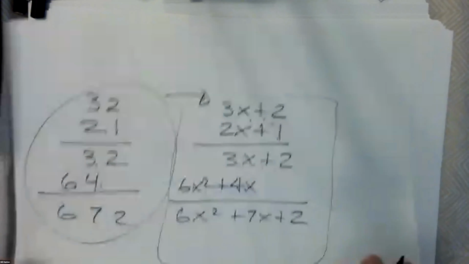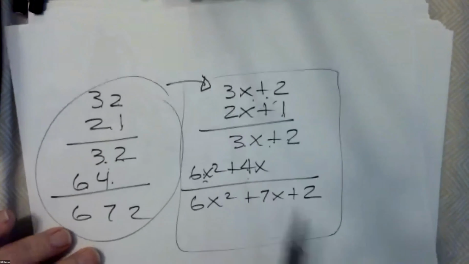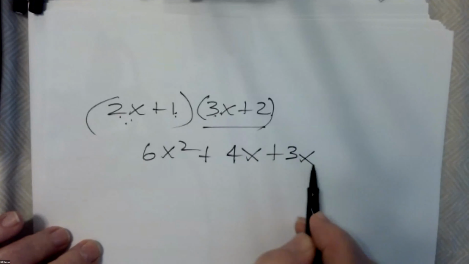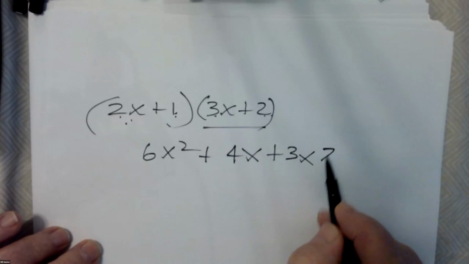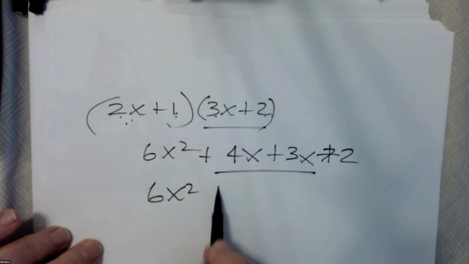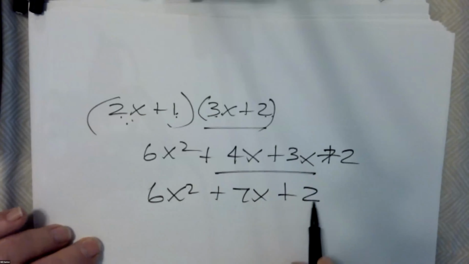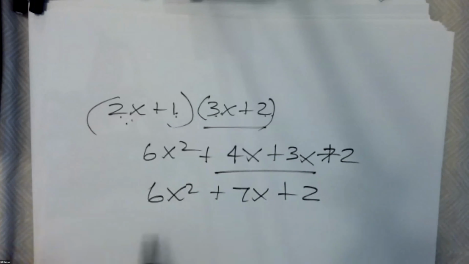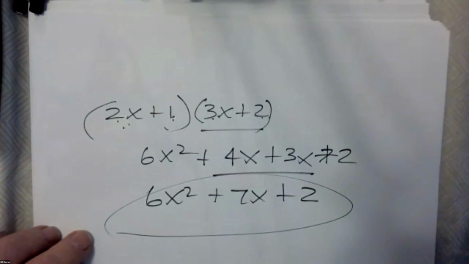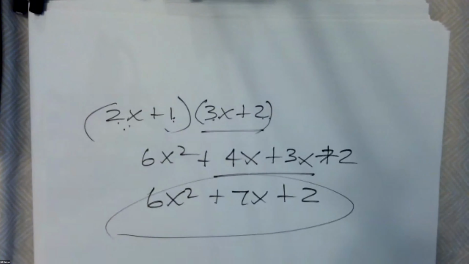And you can see that was my partial product that I had before. Then I multiply by 1, 1 times 3x is 3x, 1 times 2 is 2. And then I combine like terms, I get my 6x squared plus 7x plus 2. So these algorithms that we teach in algebra come directly from the elementary standards that we do in the math.